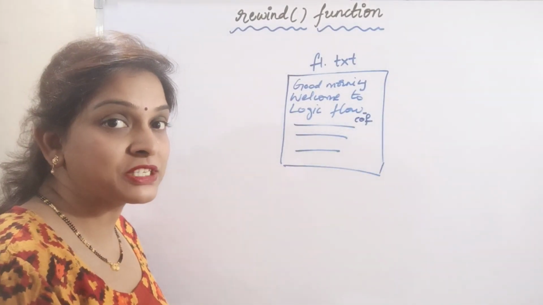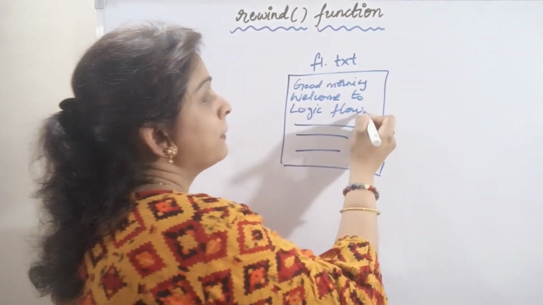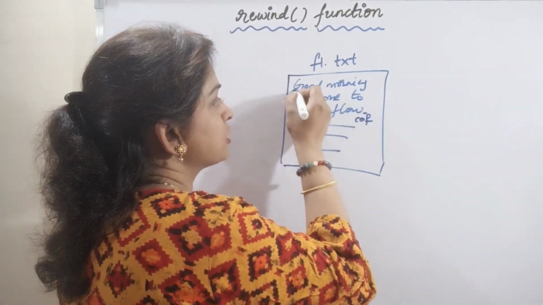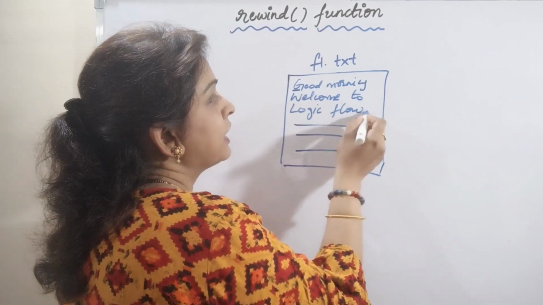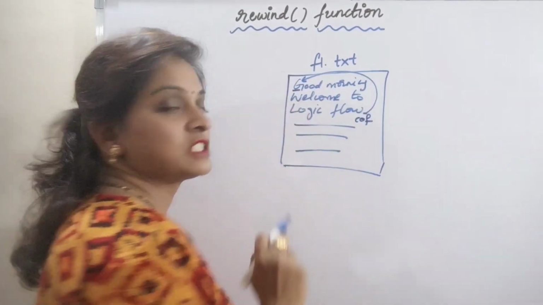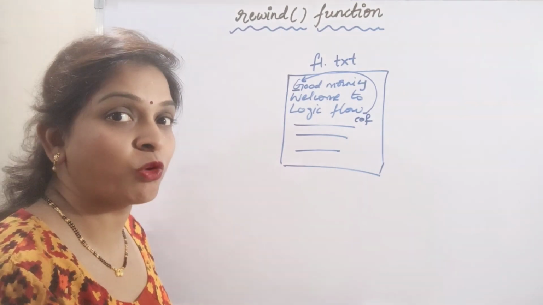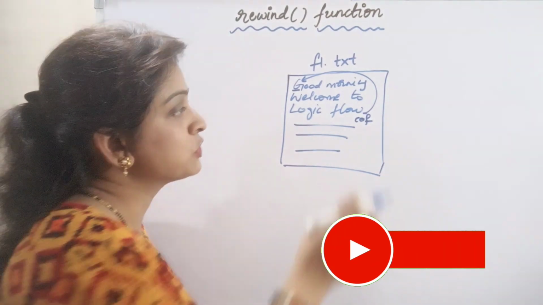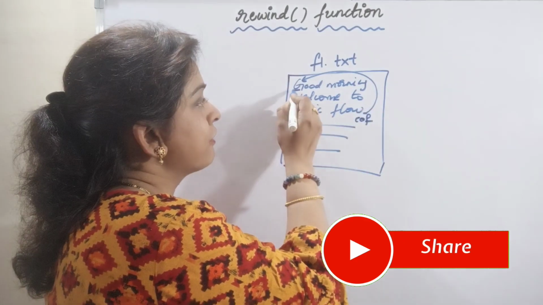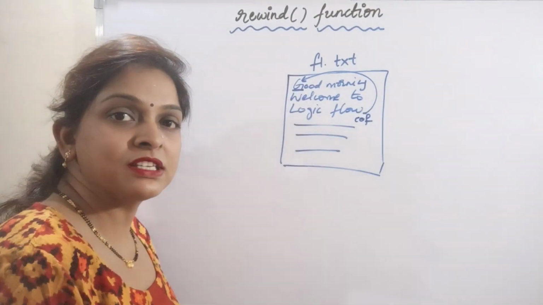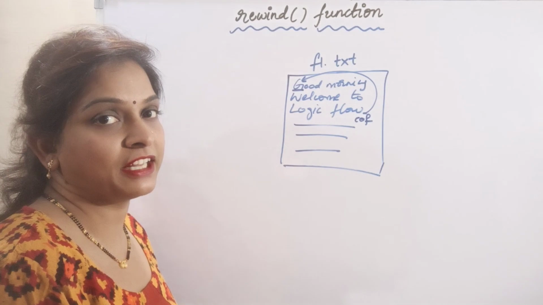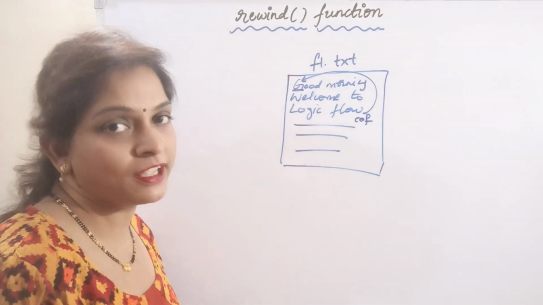So what we need to do in such a case, we have to bring this pointer to the first location. So we need to rewind it to the first location, and that is done using the rewind function. So hope you understood what the rewind function is going to do. It is going to rewind the pointer to the first location. And once I rewind the pointer, I can start reading the content till I reach the end of the file.